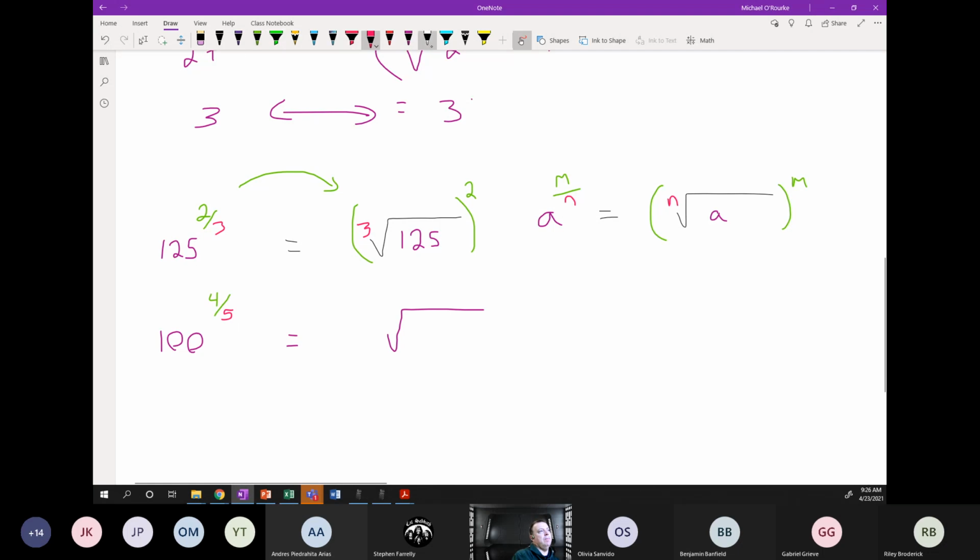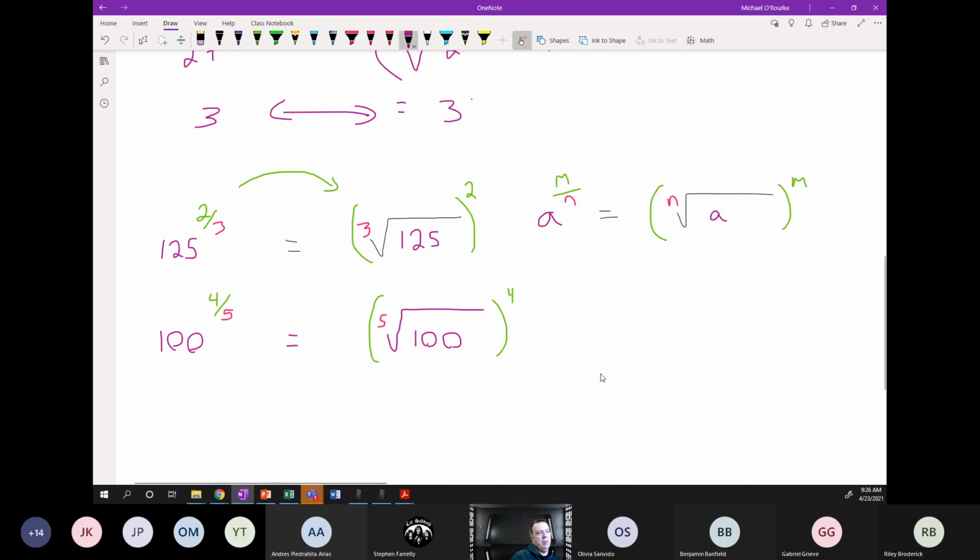All right. So my 100 becomes in the root sign. Then I work my way up. The bottom here is my 5. I said the root is my 5. And then to the power of 4. Okay.